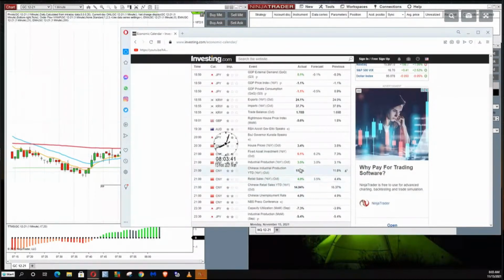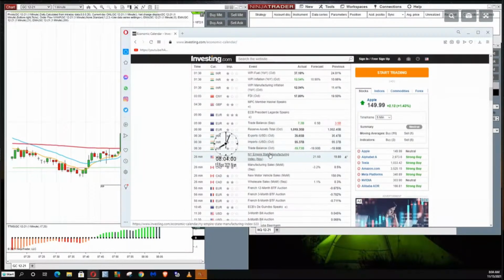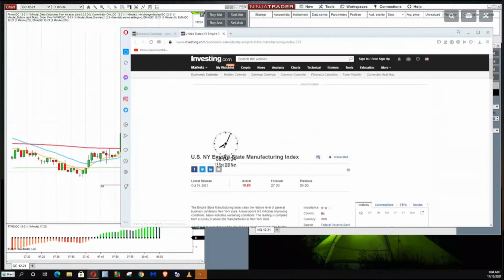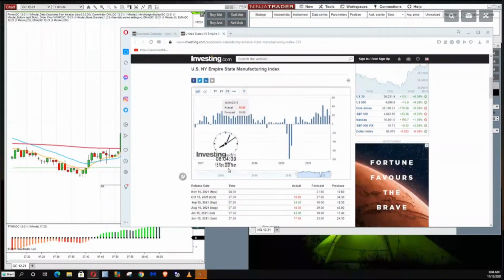Retail sales were up, industrial production was up, but year to year industrial production was lower than last month. So I'll have to look at copper and see what it did last night. So you go to New York Empire State Manufacturing, click on it, and then scroll down, and it will give you a list of previous dates. So you could scroll through them.